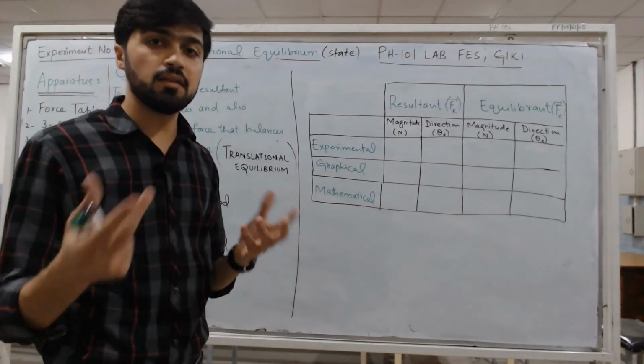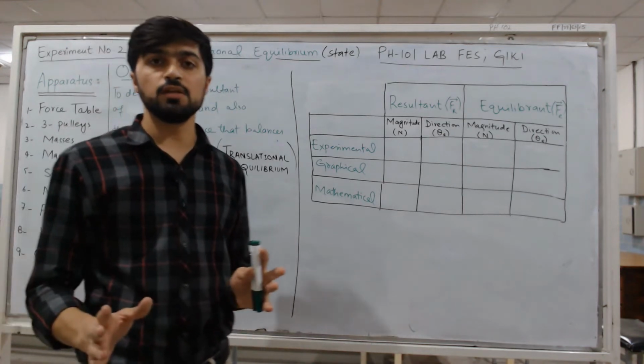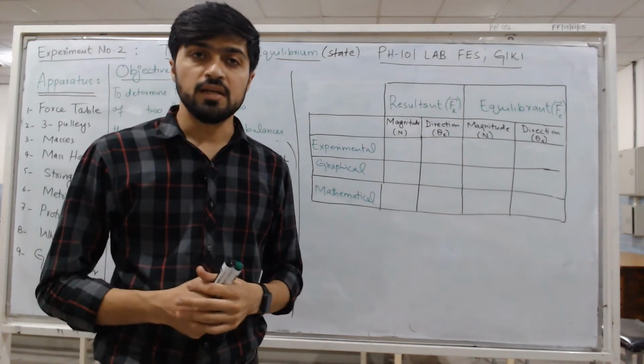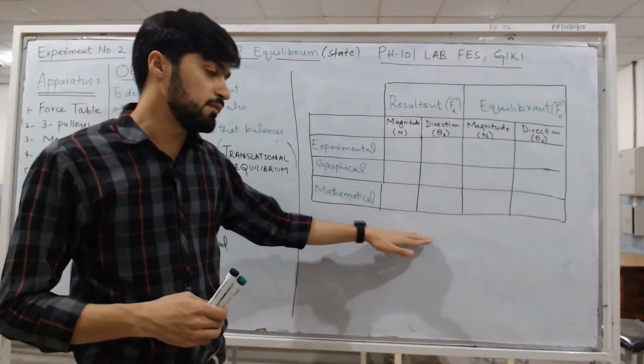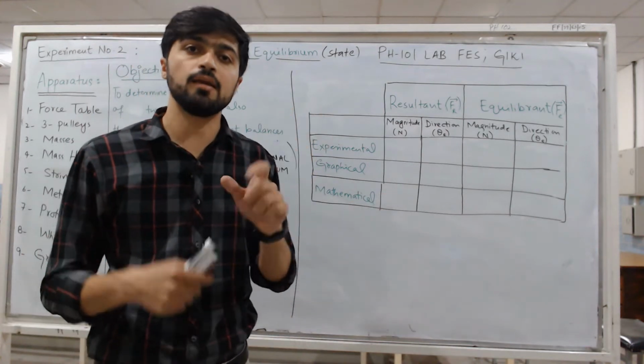Graphically, how will we add the vectors? We will use a graph with a suitable scale, depending on the forces F1 and F2 that we calculate.